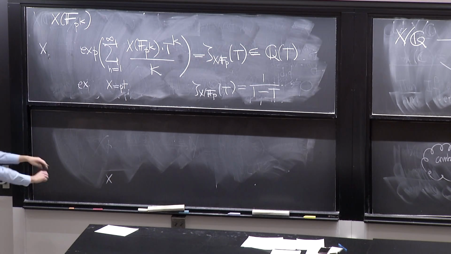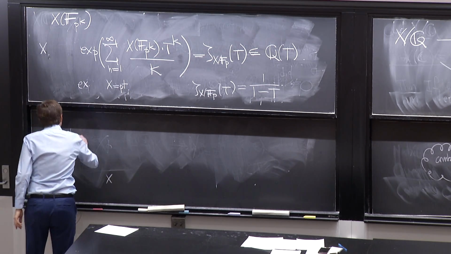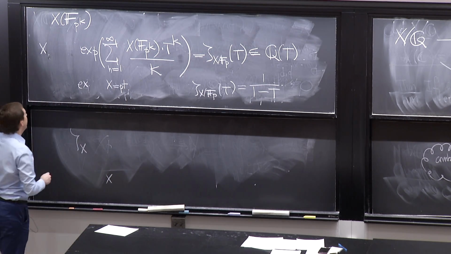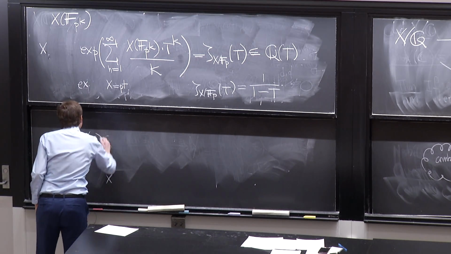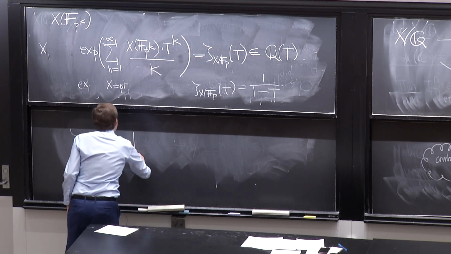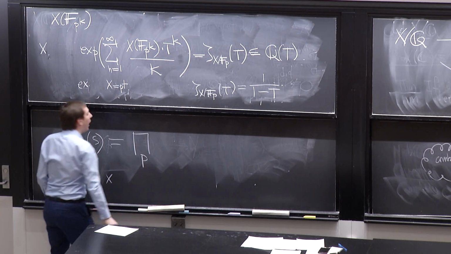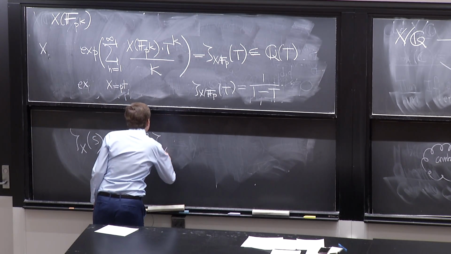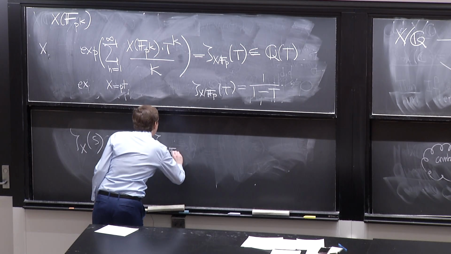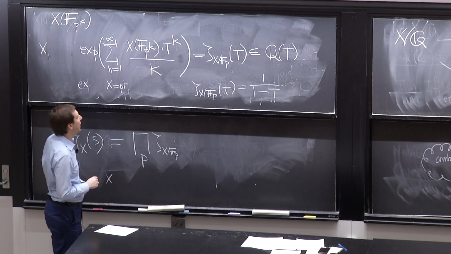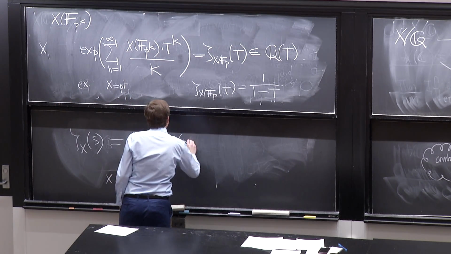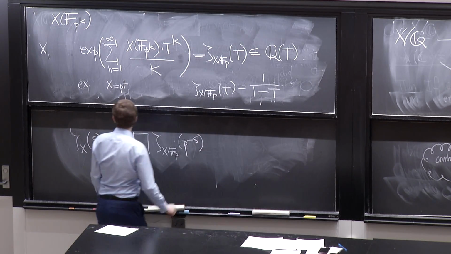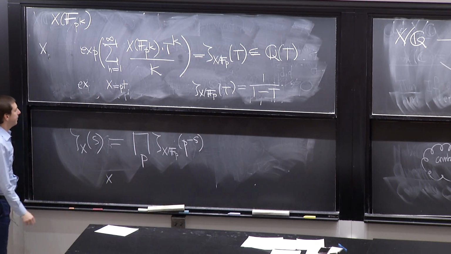But now let's raise the stakes and take all primes at once. Again, I want to make the following construction. For each prime, well, I have to worry a bit about a few small primes, but I'll just ignore that issue. I can take this zeta function and plug in p to the power of minus s.